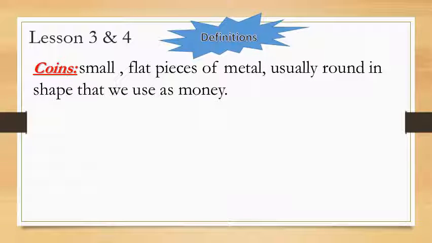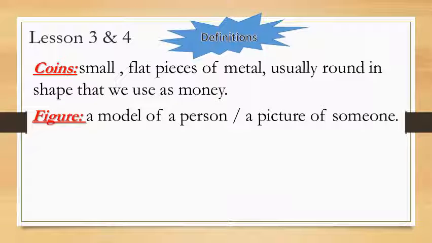Coins means small flat pieces of metal, usually round in shape, that we use as money. Figure means a model of a person or picture of someone.